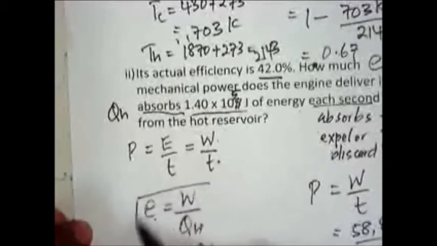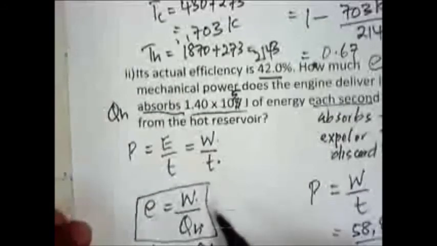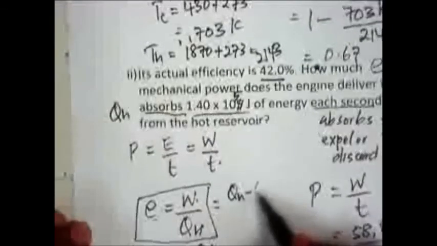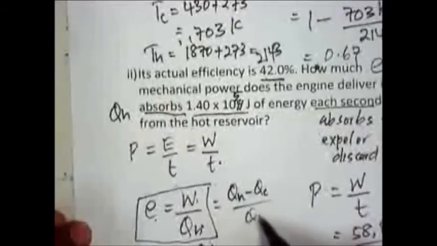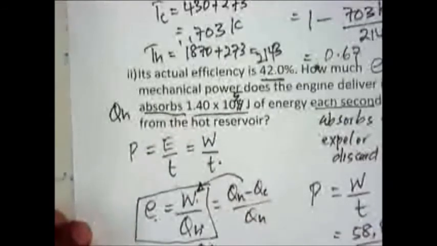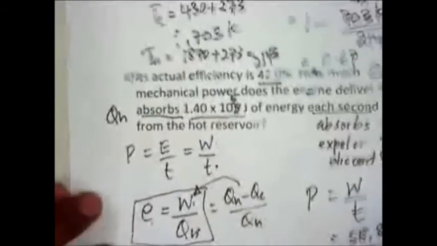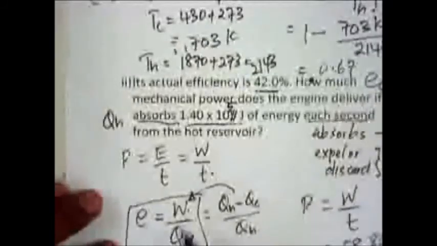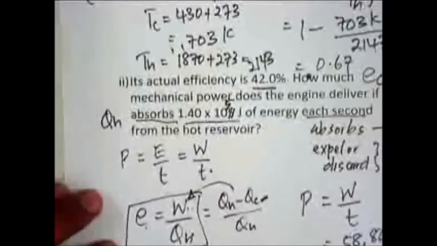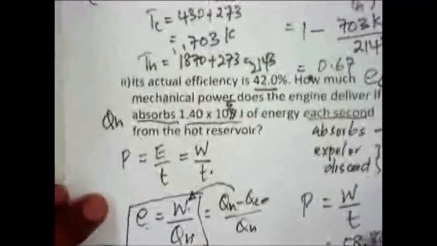This is the first and the most basic formula, and the other formulas, QH minus QC over QH, is just derived from this formula. Okay, you can also have questions where work done is not given directly, and you might need to use this to actually find the work done.